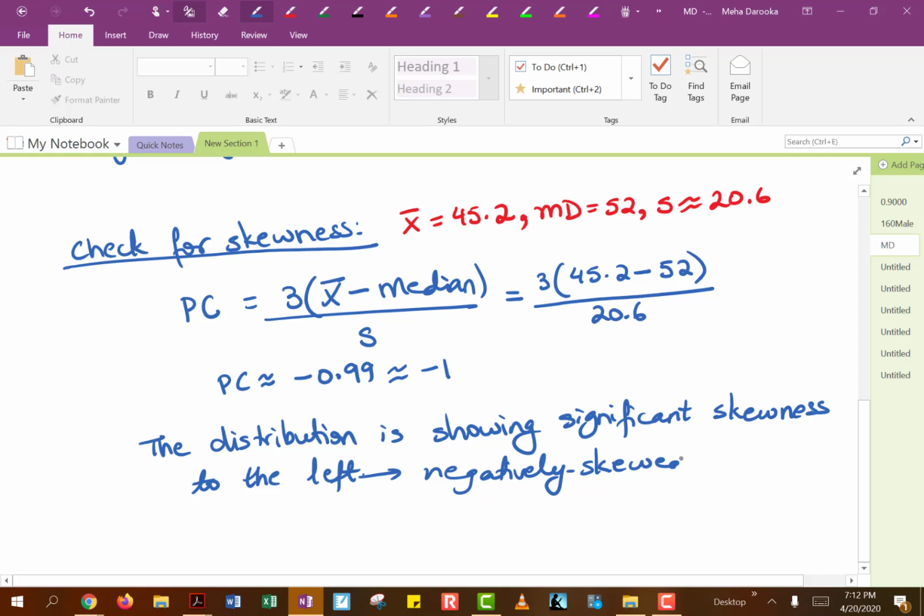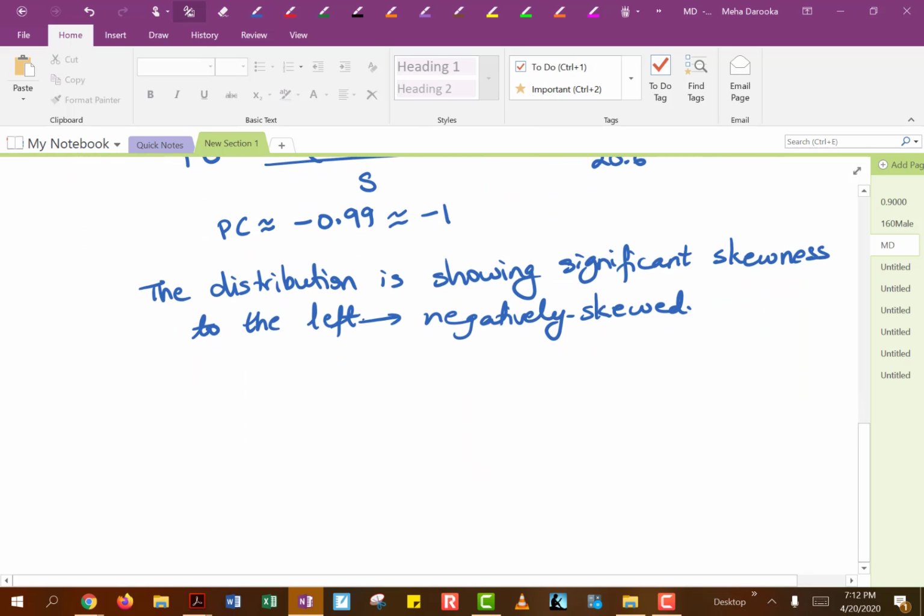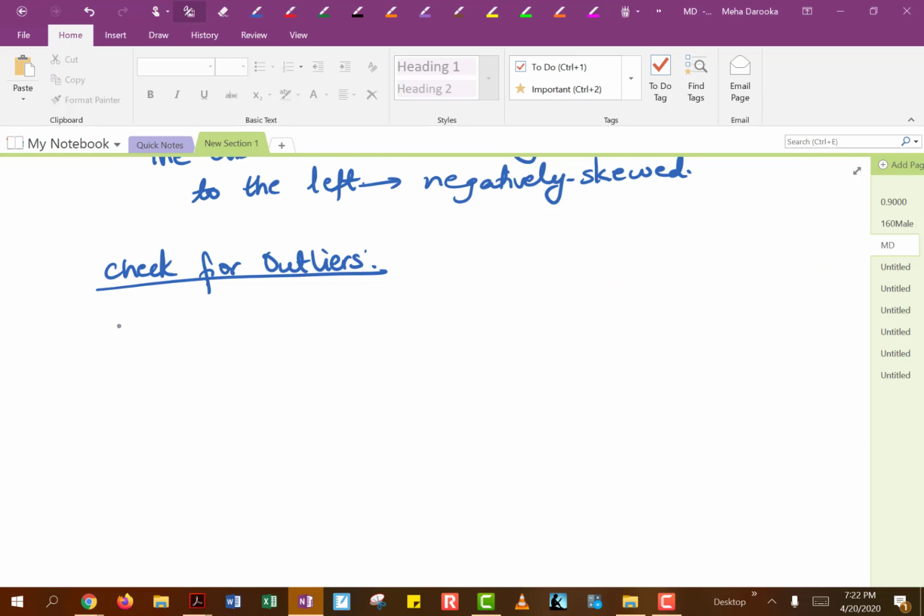Okay. Now the next thing we want to check for is of course the outliers. To calculate our outliers, we do Q1 minus 1.5 times the interquartile range, and then of course to find the higher ones, you do Q3 plus 1.5 times the interquartile range.